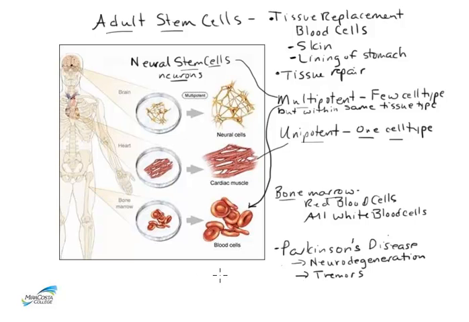Now, we obviously can't take them out of the brain. If they're widely dispersed in that brain tissue, it's very difficult to find them and actually get them out of the brain and then put them back in where we want them. So it's a bit of a problem. We can't really effectively use the neural stem cells that are already there in that tissue and stimulate them to divide as a potential therapeutic intervention for this disease.